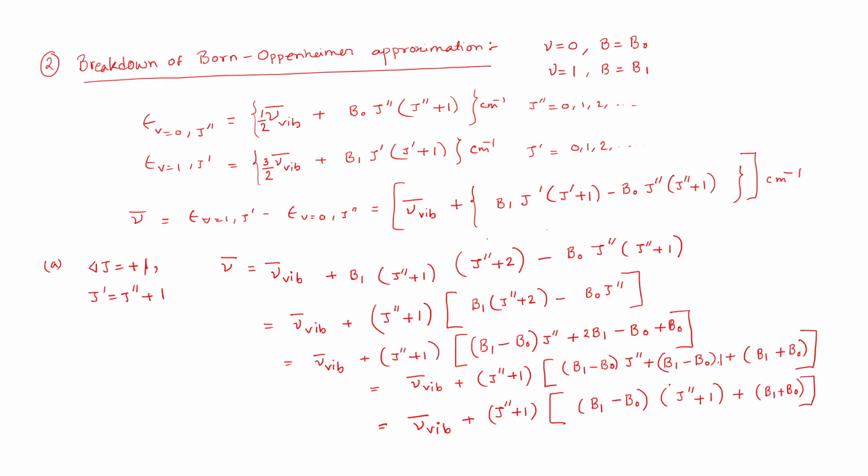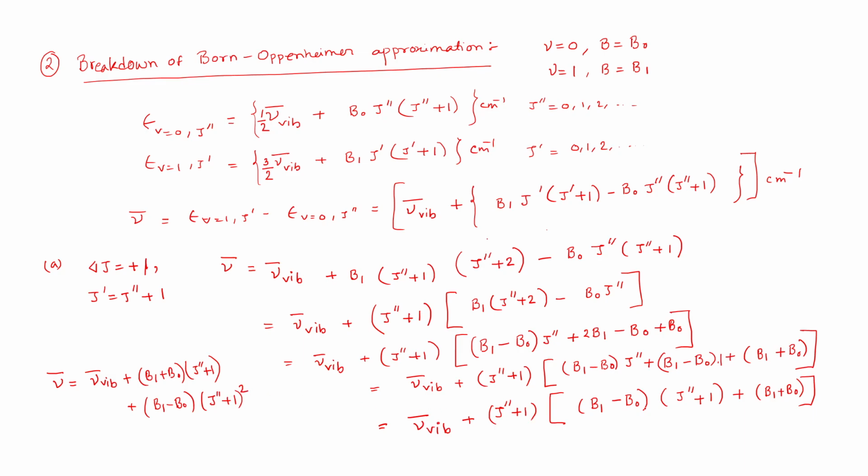Now you can see you are getting back this thing, right? What Sarah has already shown, that one will be B1 plus B0 term with J double prime plus 1, and another is B1 minus B0, but here we have J double prime plus 1 whole square.